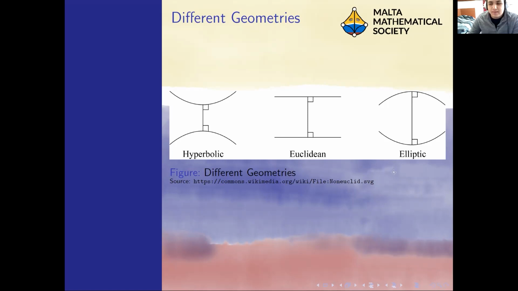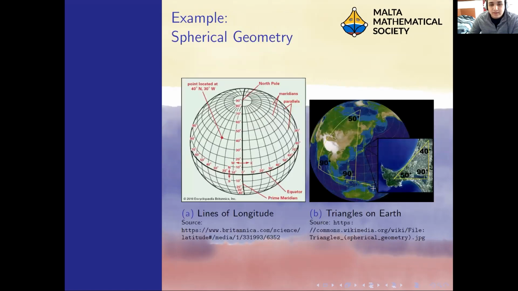Some may think I'm crazy here, saying, "When would such a thing work?" Well, we don't live on a flat Earth, and this is actually very true on the surface of a sphere. Consider these two lines of longitude. They have a 90-degree angle with the equator, and you can see that they converge at the North Pole, and if you continue the lines, at the South Pole.